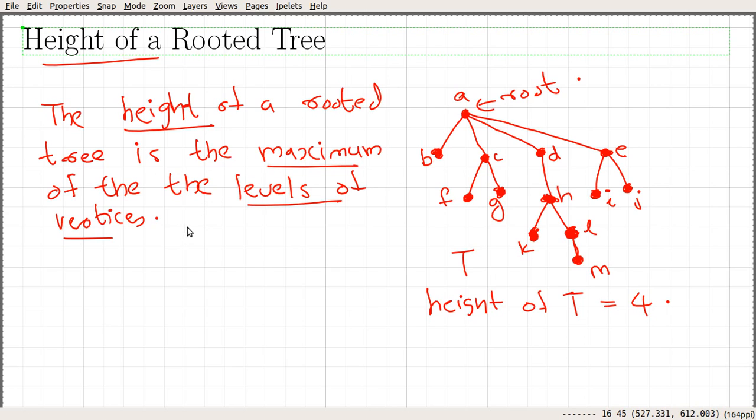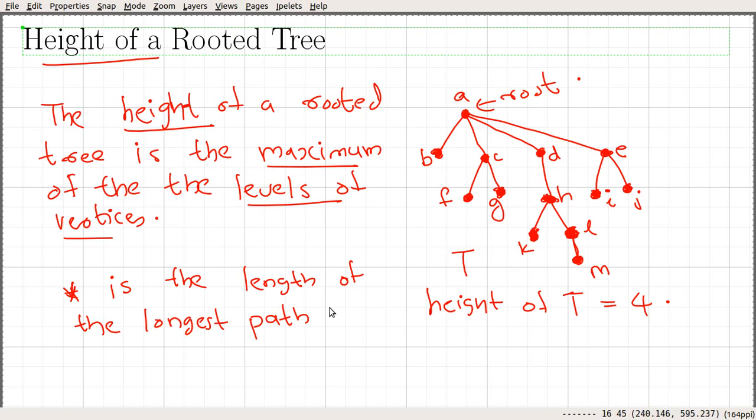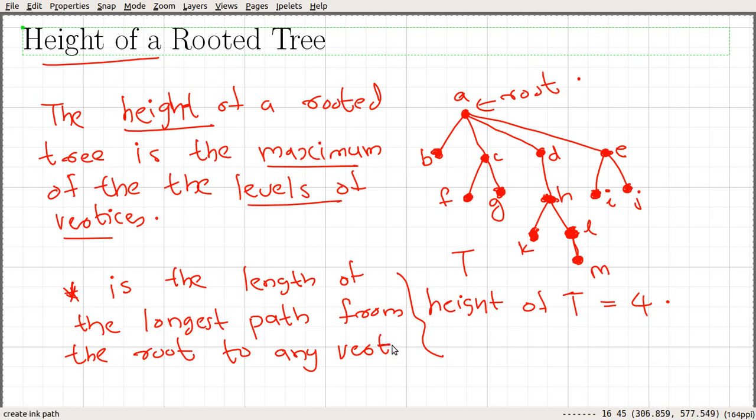In other words, the height of a rooted tree is the length of the longest path from the root to any vertex.